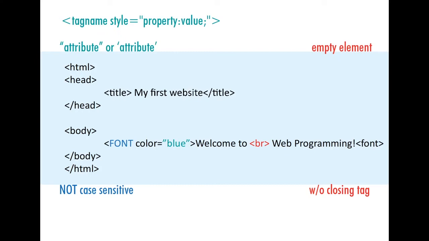HTML does have its own attractiveness attributes, but it's easier to connect separate CSS code to it. We'll do that later in the next slide, but first let's take a look at the example here.